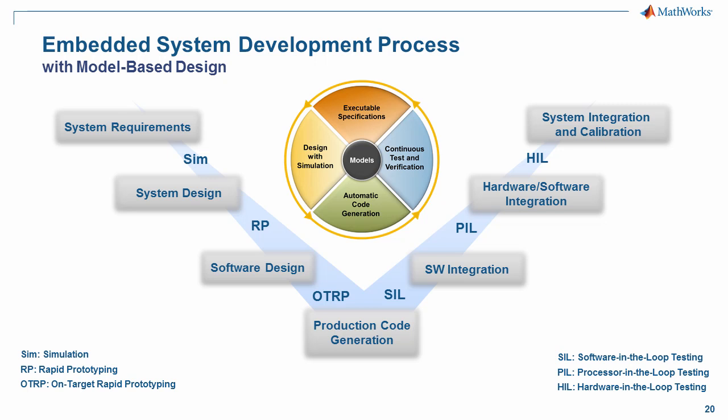The model can be used with the help of code generation to also do many steps of the development on hardware. The system design is verified to meet requirements using simulation. With rapid prototyping, the algorithm is directly validated with hardware. On-target prototyping uses the actual hardware and hence includes more specific hardware effects such as latencies.